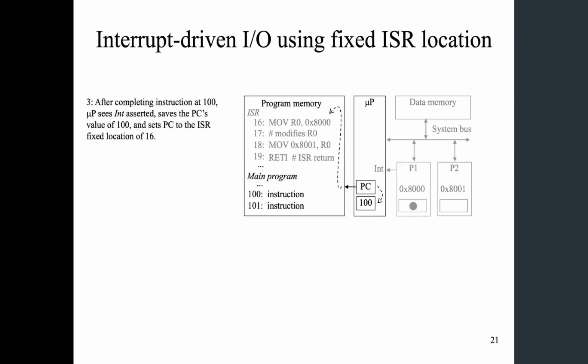So the microprocessor will complete whatever instruction is currently executing, which is 100, and it sees INT is asserted. So it has to save the value of 100 and set the PC to the ISR, which is at the fixed location of 16. In this way, the microprocessor is going to execute the first instruction in the ISR.